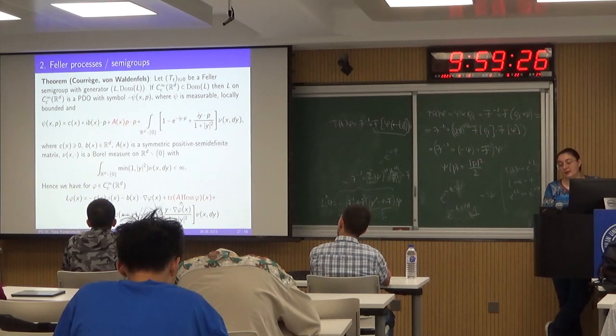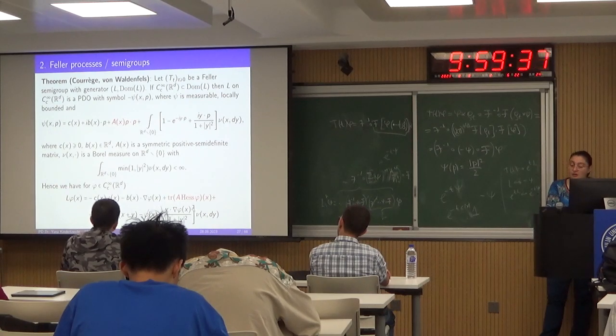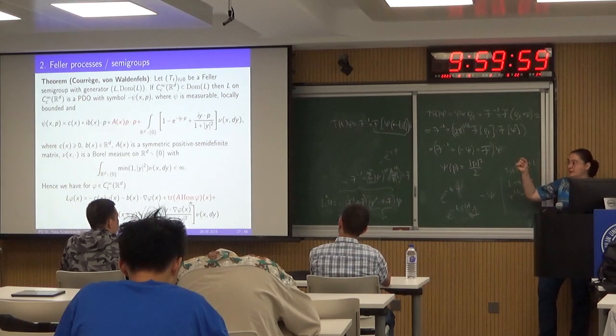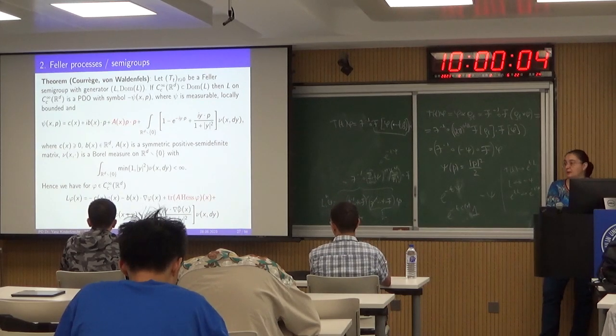The third operator. So if my matrix a of x would be just the identity matrix, then here would be just the Laplacian. In general, if my a is just some matrix which is symmetric positive semi-definite, then here we have just the trace of matrix a multiplied with the Hessian matrix. The Hessian matrix is just a matrix of all second order partial derivatives. So this is an operator, a sum of second order partial derivatives with some variable coefficients connected in this matrix.